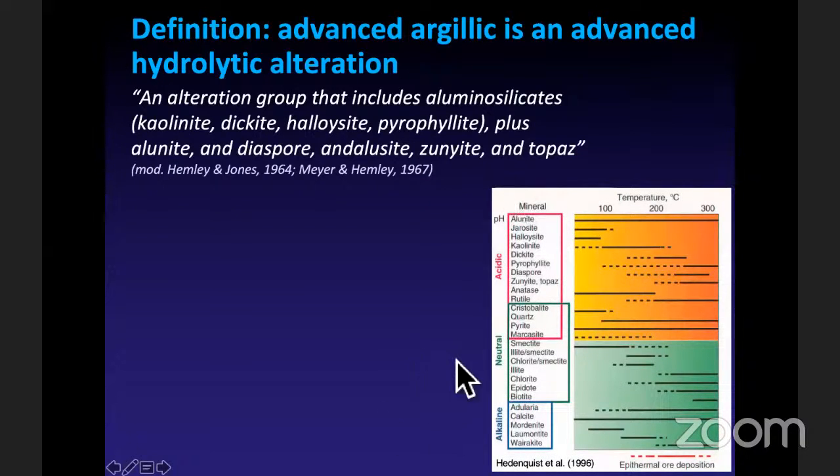So many of you are familiar with this graphic that shows the alteration minerals associated with epithermal deposits, grouped by assemblages formed under acidic conditions, and essentially the same minerals under neutral pH conditions or alkaline conditions.